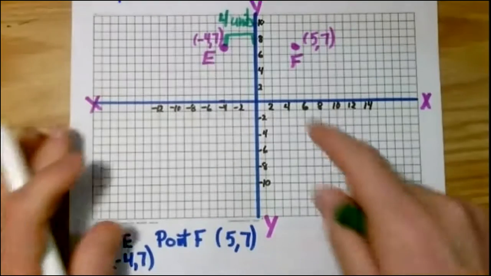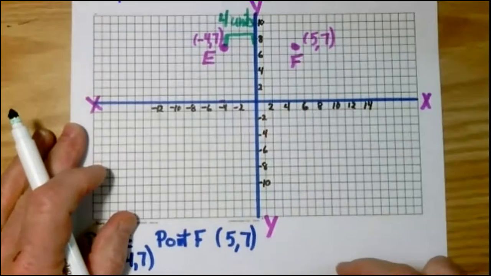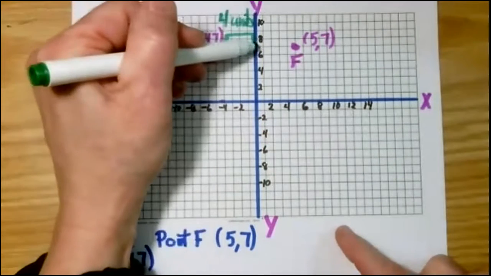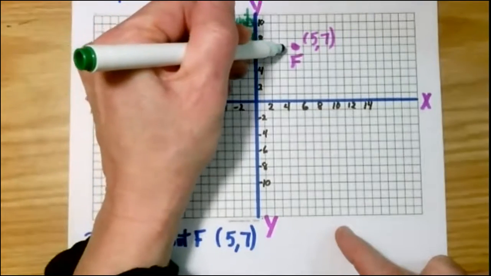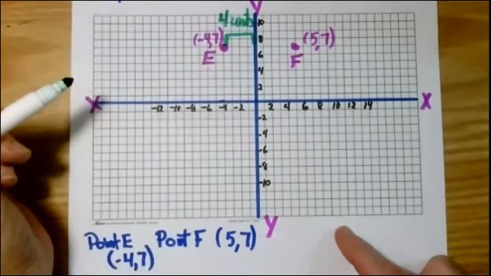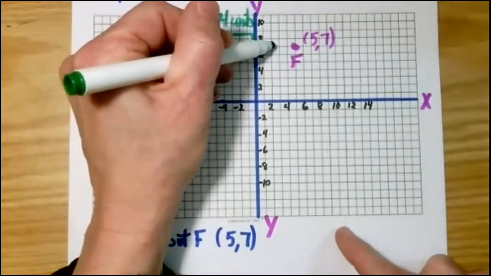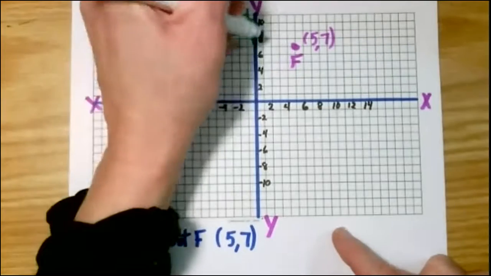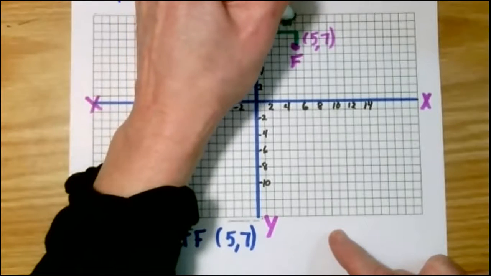Now, how many units is it from the y-axis to the F point? Well, again, we can count. 1, 2, 3, 4, 5, right? Make sure I counted that right. 1, 2, 3, 4, 5. Yes, I did. So that's 5 units.